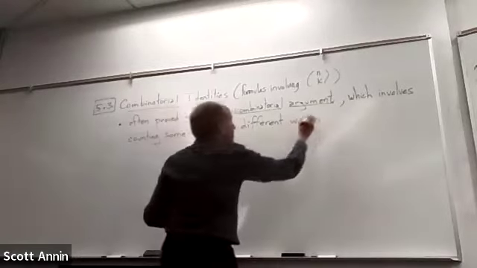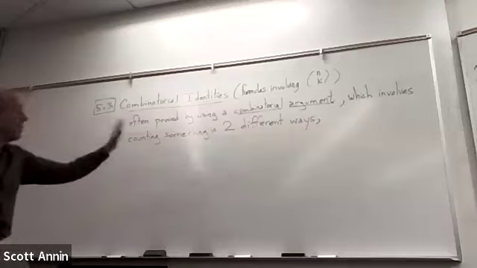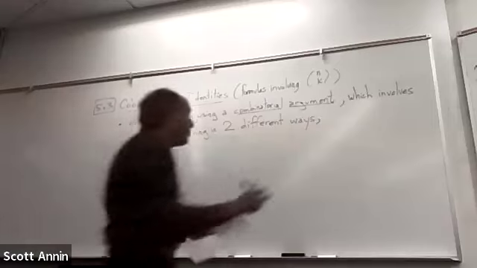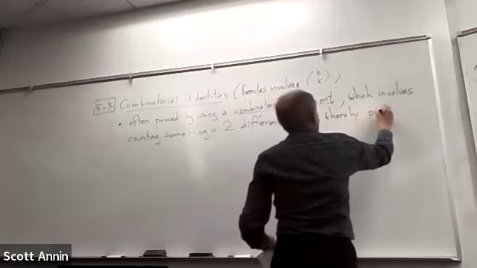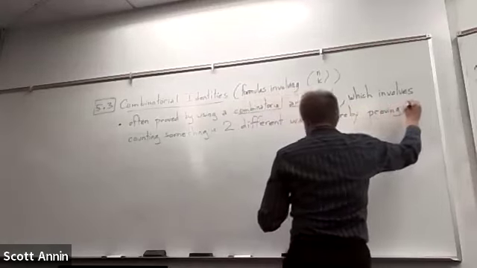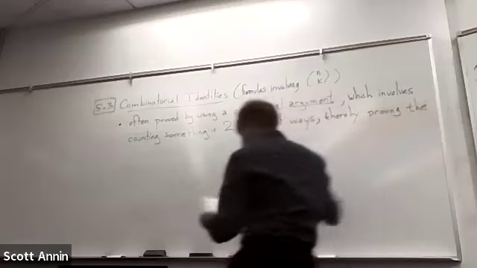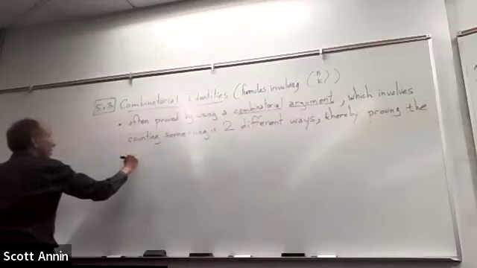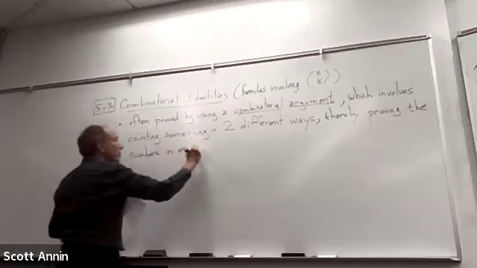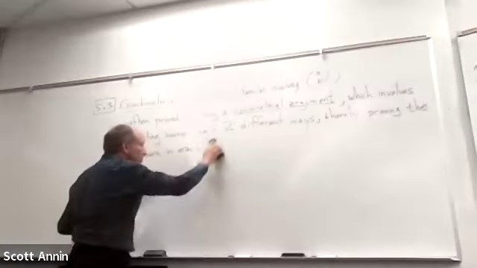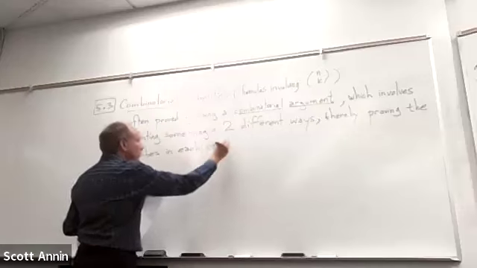Let me just add to this. Once we've counted something in two different ways, this will thereby prove that the numbers in each count are equal. You're basically going to do two counting arguments.